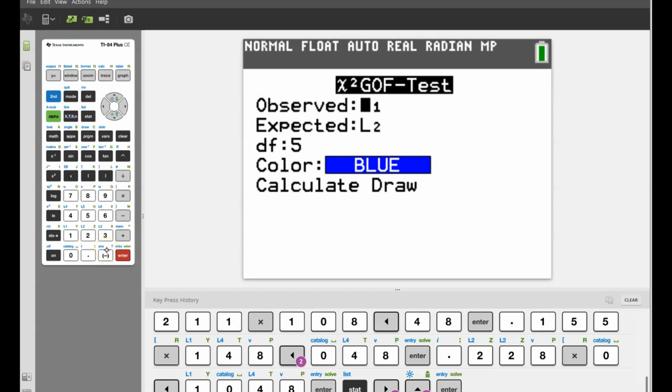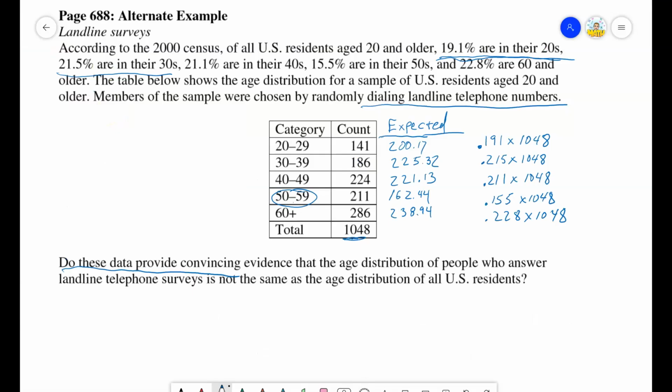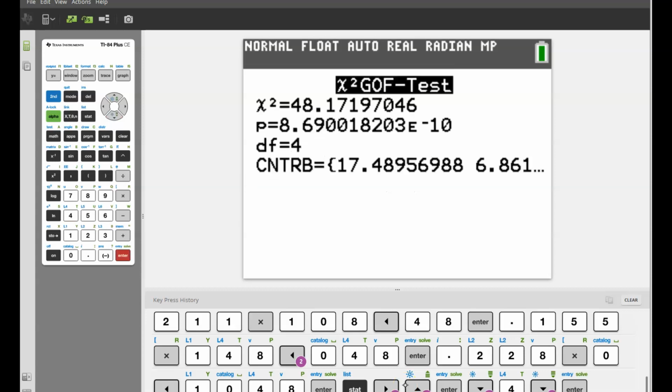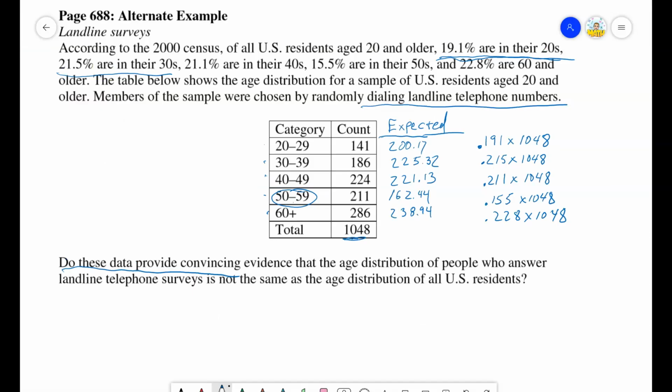This is a goodness of fit situation. We haven't seen the other chi-squared test yet. I don't think we still have 5 degrees of freedom, though. We have 1, 2, 3, 4, 5 categories, which means we only have 4 degrees of freedom. Okay, so we're going to go ahead and calculate. And I get a pretty big chi-squared value of 48.17, so I'm just going to jot that down.